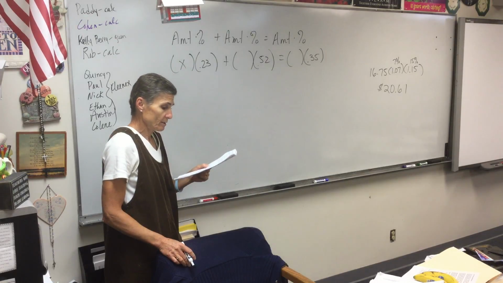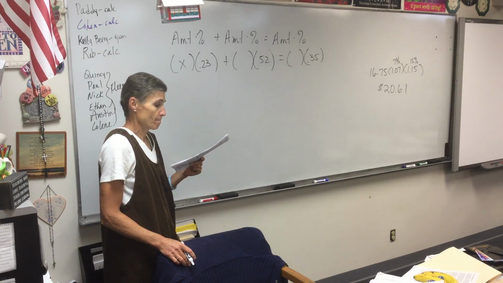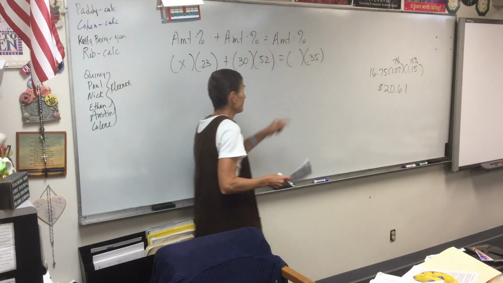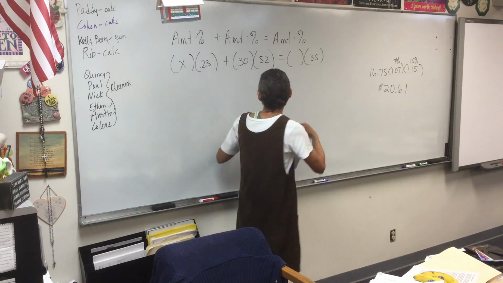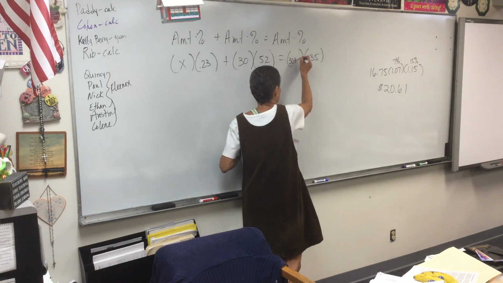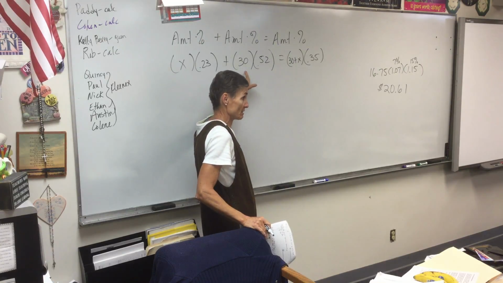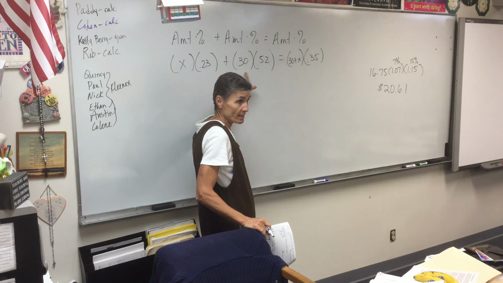Now, where do I put the 30 ounces? With the 0.52. When the blank is at the end, it's 30 plus X. If the blank were in this spot, which it sometimes is, it's 30 minus X.